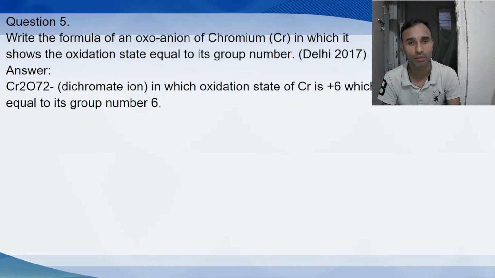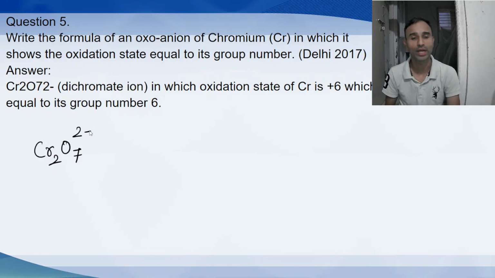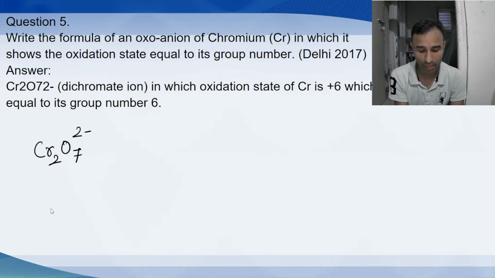Cr2O7 2 negative, it is dichromate ion, in which the oxidation state of chromium is +6. And if we see chromium, its atomic number is 24.